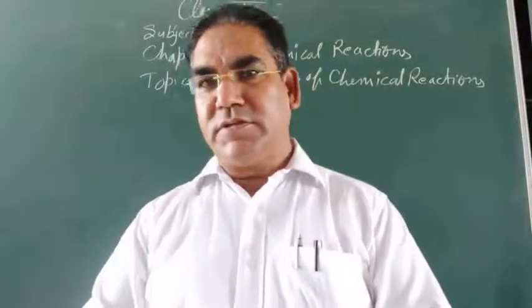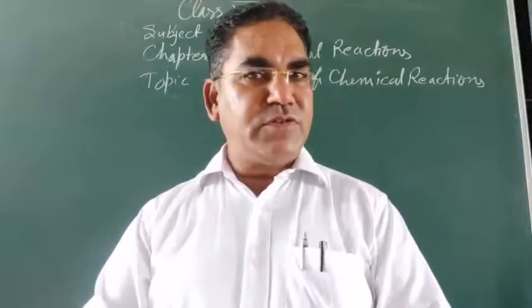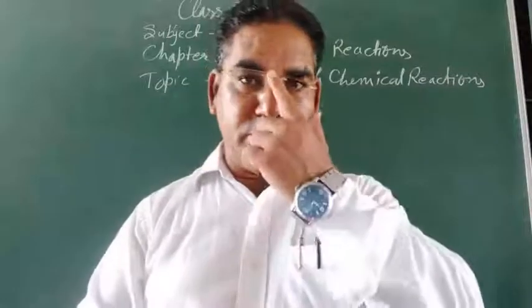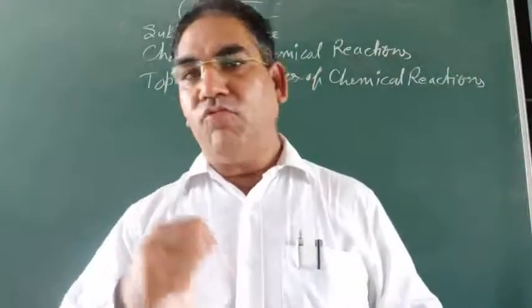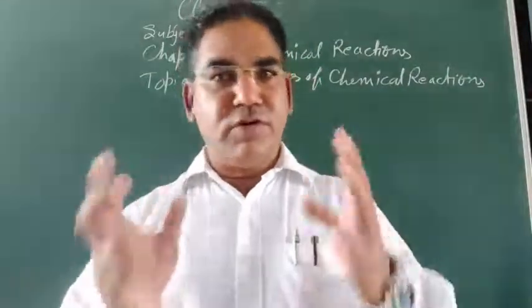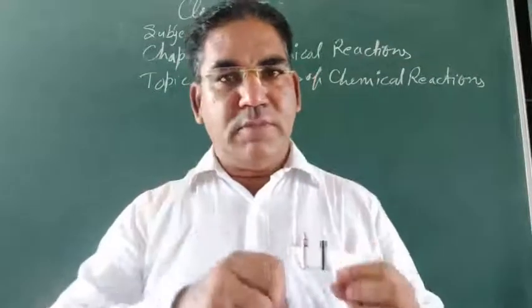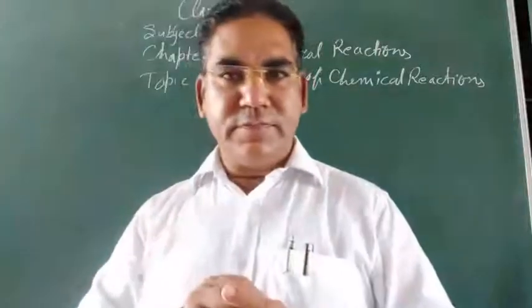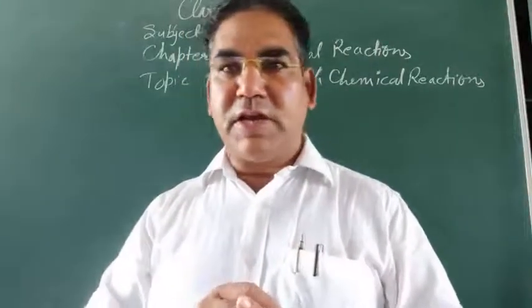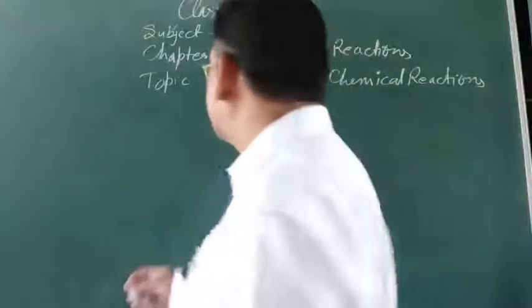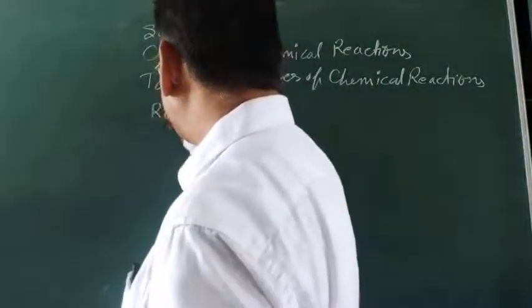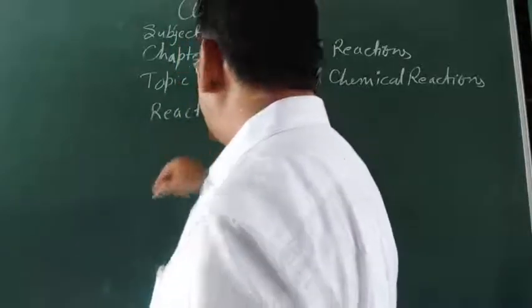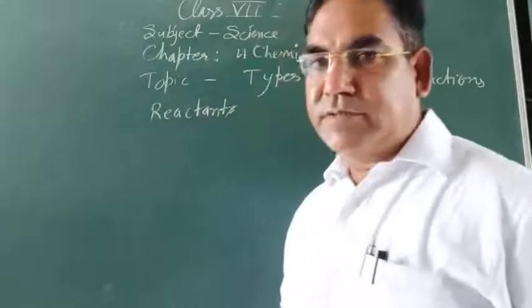Today we will discuss types of chemical reaction. Up to last class, we have seen what is a chemical reaction, what are the reactants, and what are the products. The material which takes part in a chemical reaction is known as reactants.